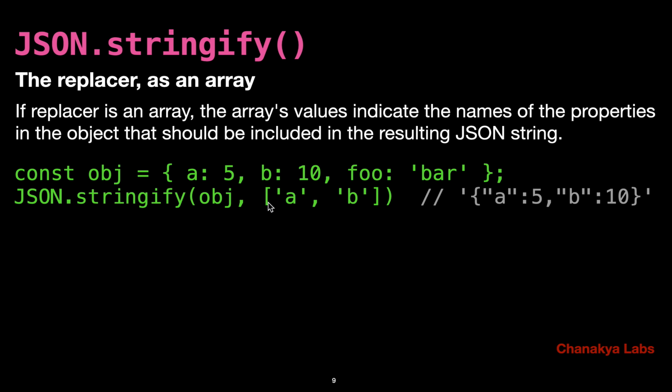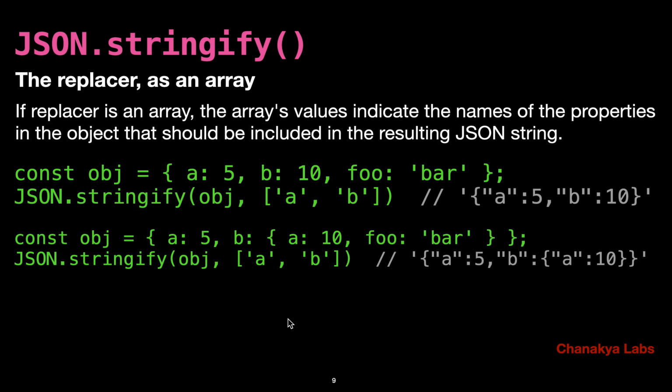So that is the simple way in which this replacer can be used, as an array argument rather than a function argument. And this applies recursively. You can see that a is 5 and b is a 10, foo bar. Basically you are saying a and b, and you can see that b is again a nested object which has a and foo.